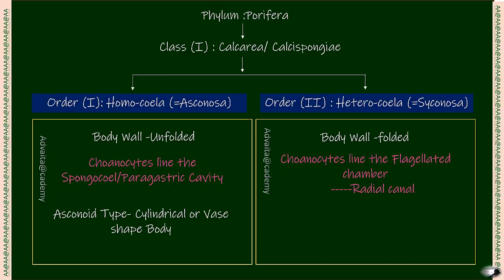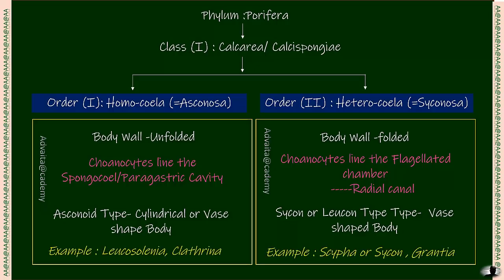Now come to the type of canal system. Here the body wall is not folded, so there is the most simple type of canal system, that is asconoid, and the shape of the animal is either cylindrical or vase-shaped. But in case of Heterocoela, the syconoid or leuconoid type of canal system is present, and the body shape is again vase-like.